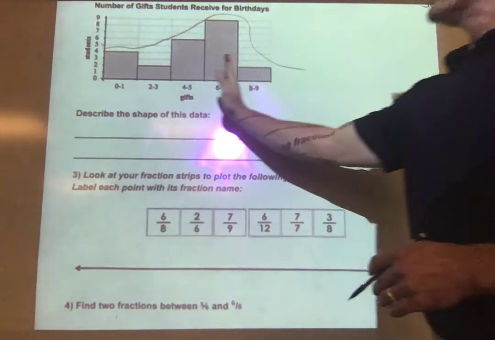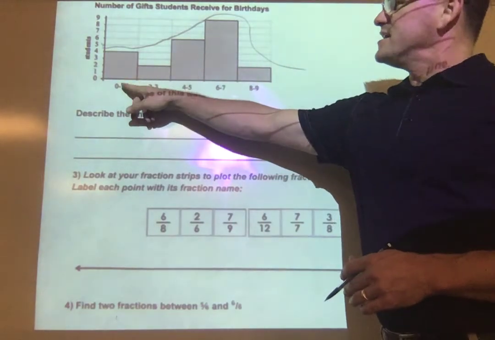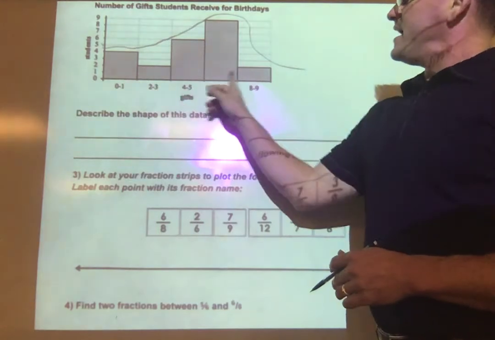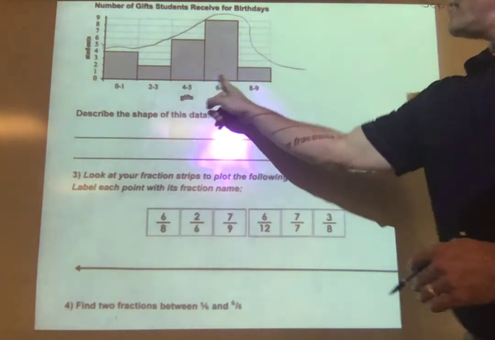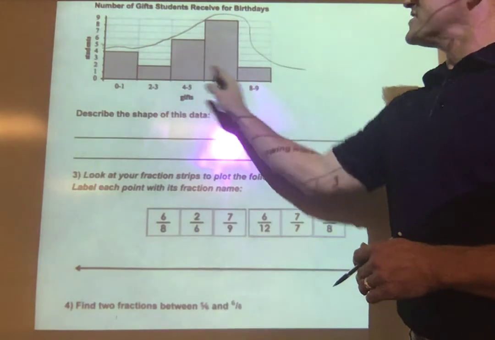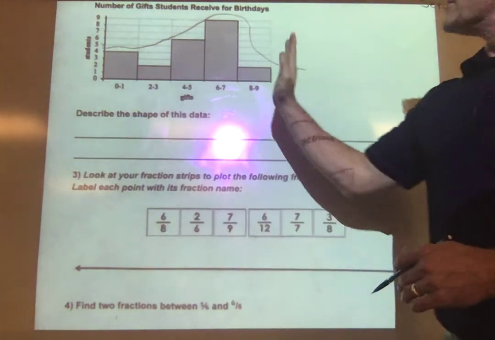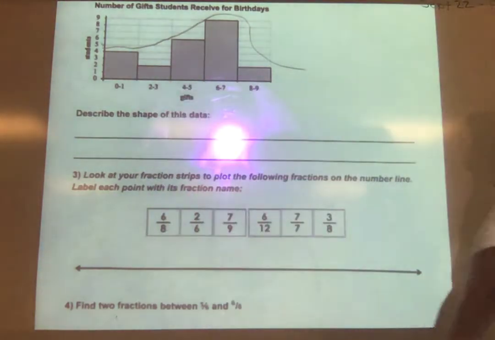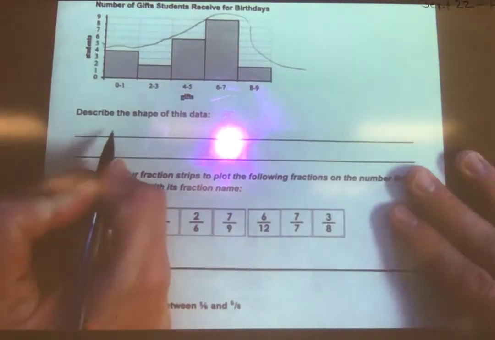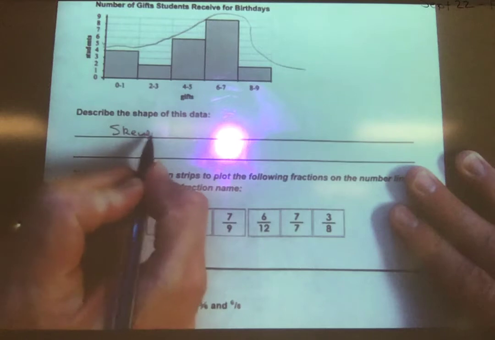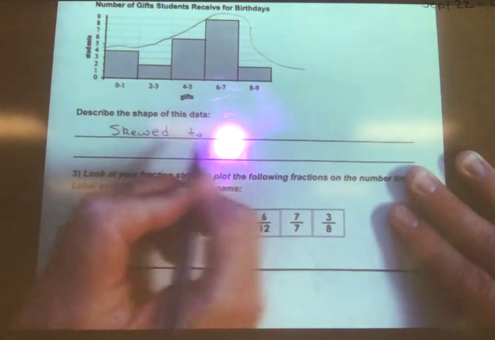And it's skewed to the left because we have some outliers here that don't get as many gifts. We know most people get around this amount of gifts, anywhere from 4 to 7, it looks like, is pretty common here. So it's skewed to the left because some get a lot less than that, so kind of an outlier there. So let's just say it's skewed to the left.